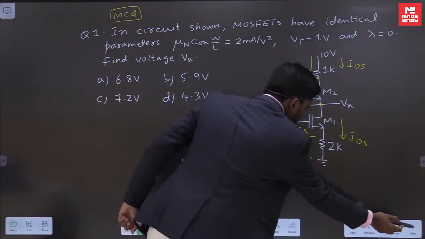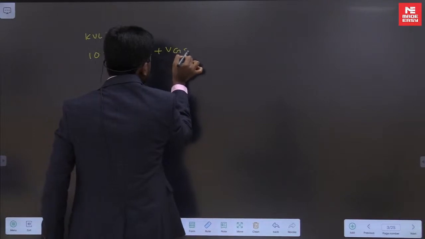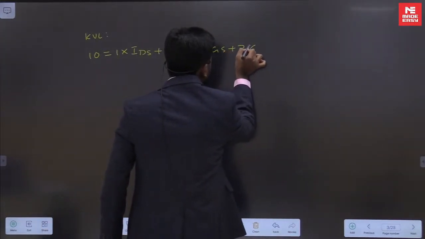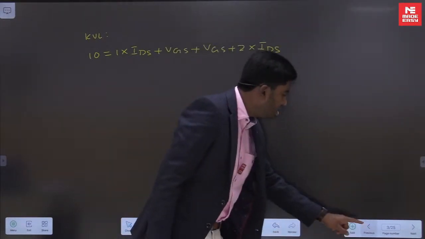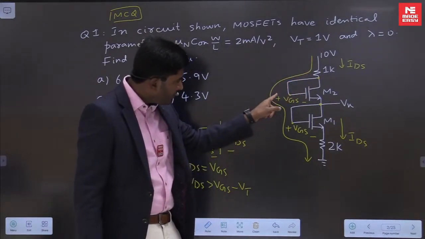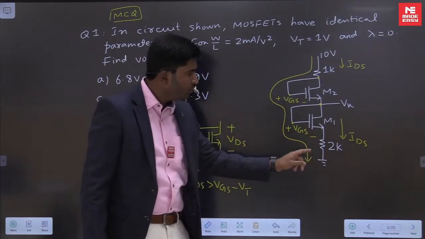I have applied KVL in this loop: 10 is equal to 1 into IDS, then plus VGS, and then plus VGS plus 2 into IDS.